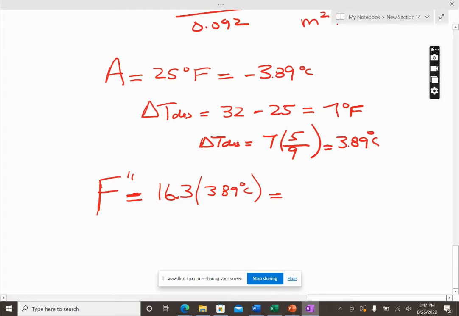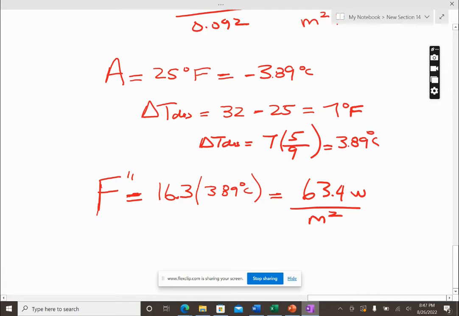Okay, 16.3 times 3.89. And we get a total of 63.4. So 63.4 watts per meter squared. And the Kelvin cancels out.